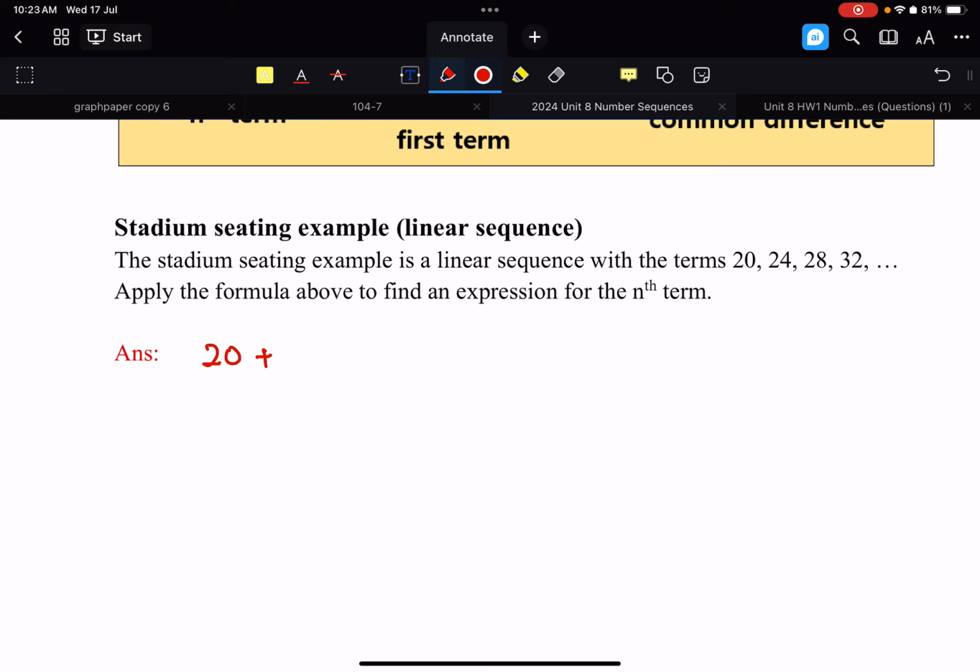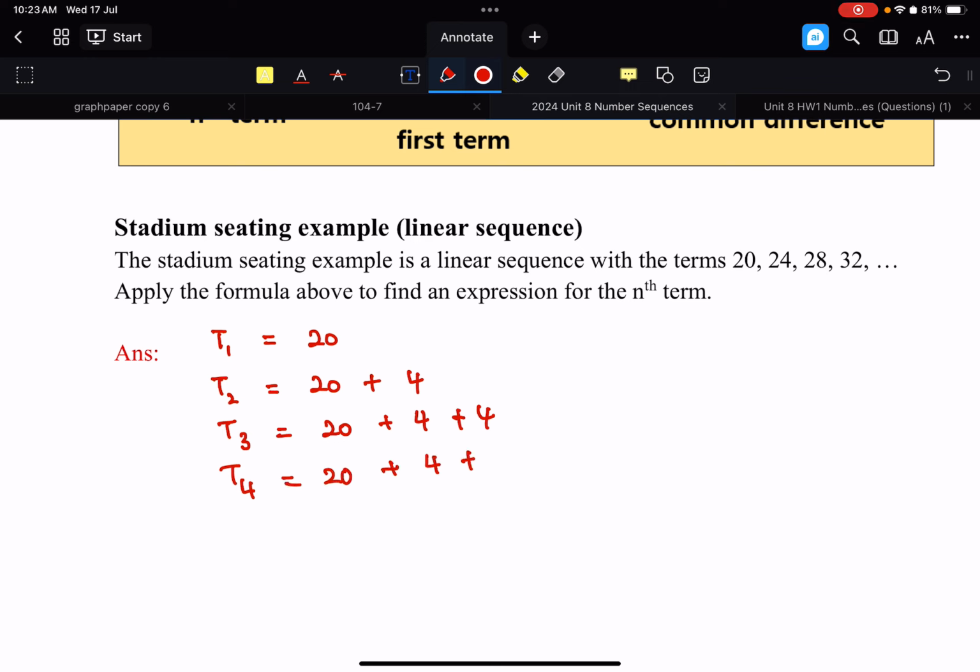So maybe just write it this way. The first term is 20 plus 0, so it's just 20. The second term is 20 plus 4. The third term is 20 plus 4 plus 4. The fourth term is 20 plus 4 plus 4 plus 4, etc.